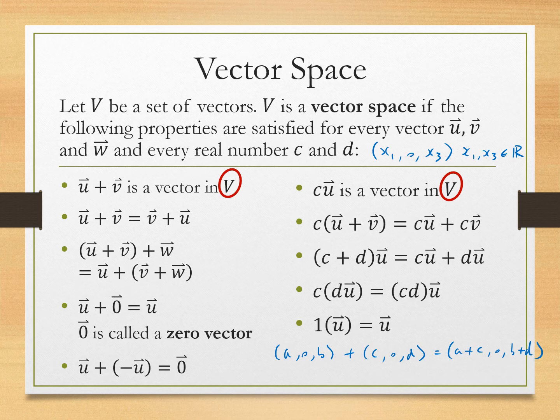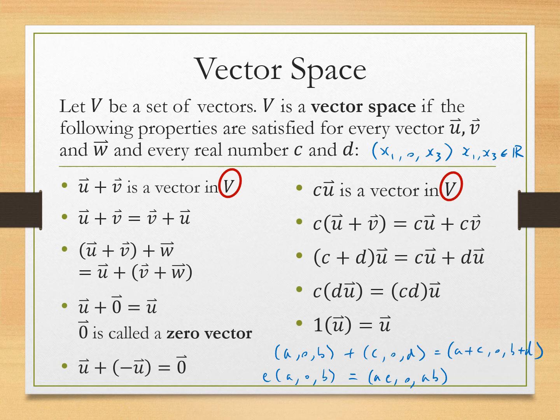Similarly, you have E times (A, 0, B), that gives you (EA, 0, EB), which once again still has 0 in the middle. So this vector with 0 for the second element is a vector space, and it's a weird looking one.